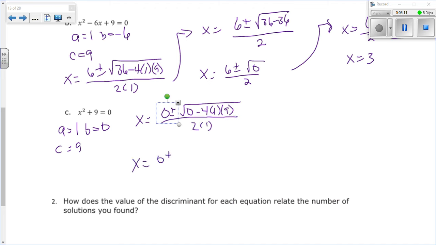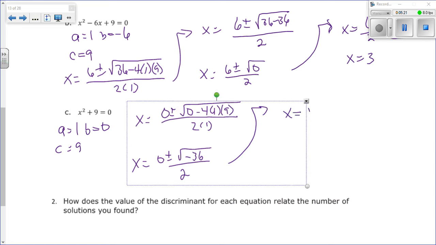So x equals 0 plus or minus the square root of negative 36 over 2.